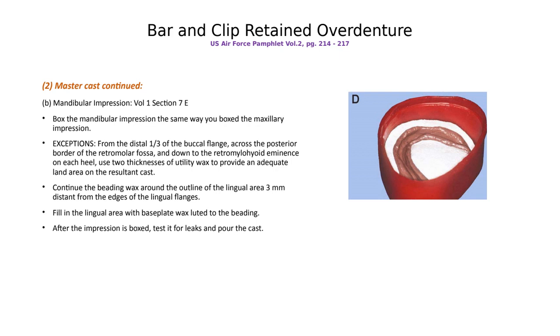But again, be very careful with the speed of the vibrator because we still have the impression copings inserted into the impression, so high vibration might dislodge or change the position of the impression copings. So low vibration, and pour the stone in such a manner that there are no voids or trapped air inside the stone.